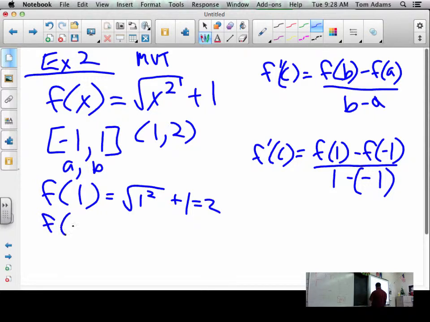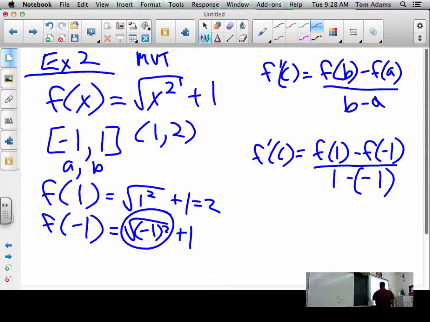Now if I say f of -1, it's the same thing, except we've got -1 squared plus 1. When we square the -1, wouldn't that be 2? Yeah, this is a special case. But actually it ends up becoming 2, right?